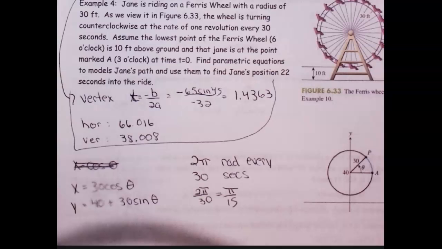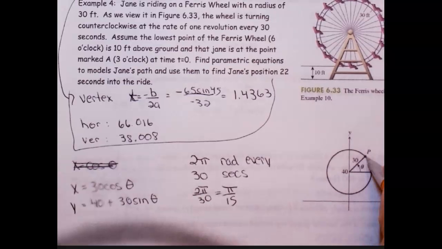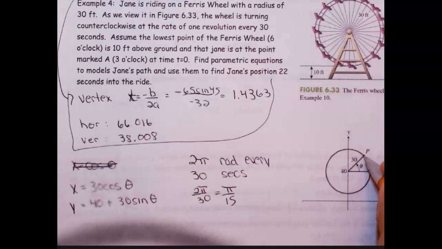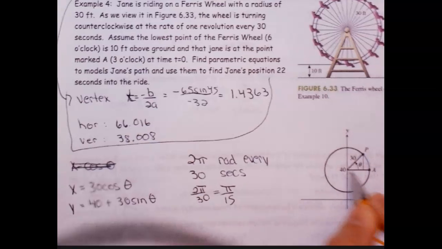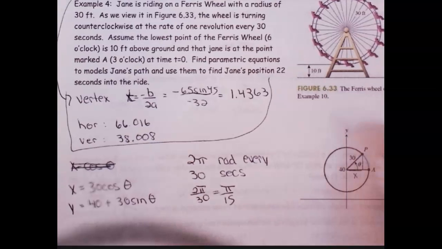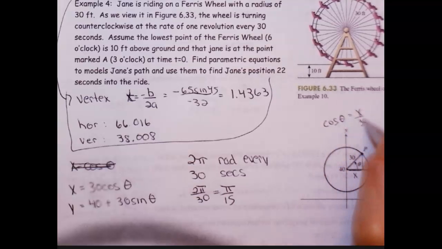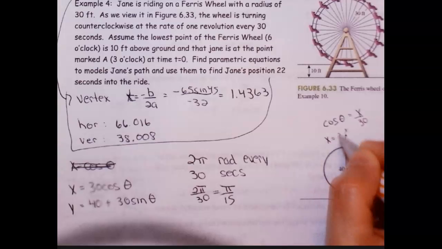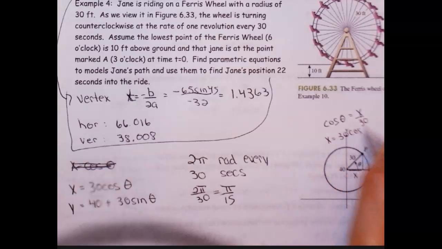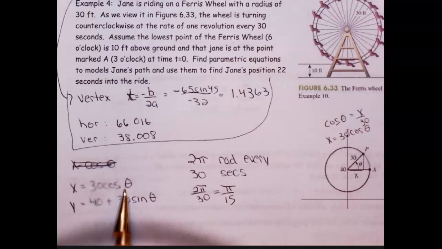One is x equals 30 cosine of theta. If you look at this diagram over here, here is your theta, and we're looking for our x value right here. So cosine of theta equals x over 30, which means x is equal to 30 times the cosine of theta.